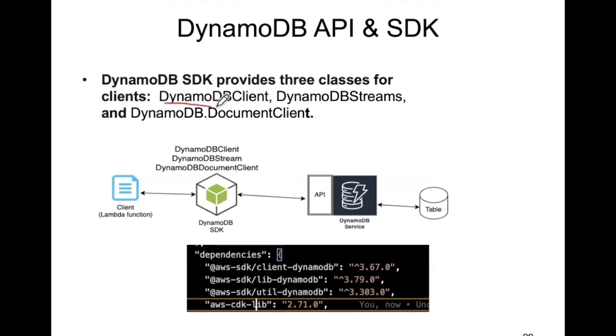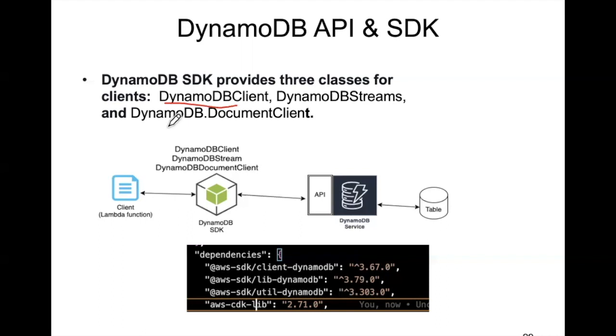There's this DynamoDB client, which is sort of a low-level client class. The DynamoDB stream is for that streaming scenario that I was talking about a while back, so we won't be using that as such. And then thirdly, there's this long-winded one called DynamoDB document client. Now, it turns out that's the one that we will use most often because it's a higher level abstraction and just makes our programming model a little bit easier.